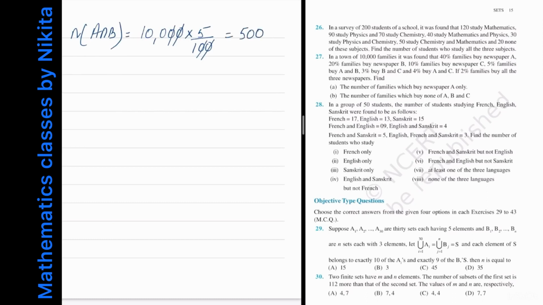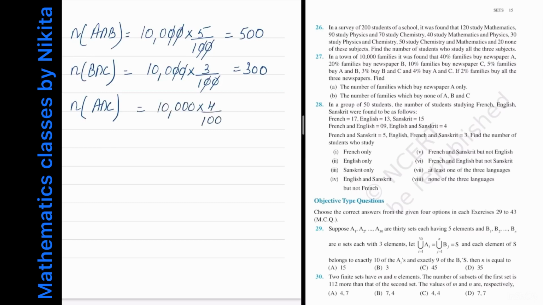Then it is given that 3% buy B and C, and then it is given that 4% buy A and C, and 2% buy all the 3 newspaper. So this is 200. तो ये आपके पास सारा डेटा आ गया.